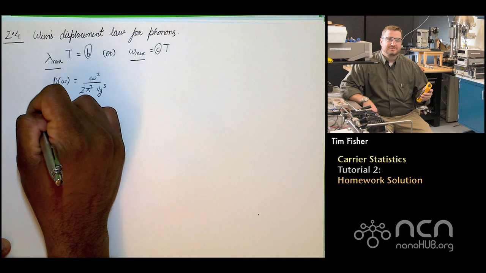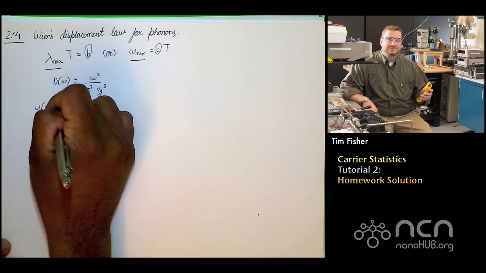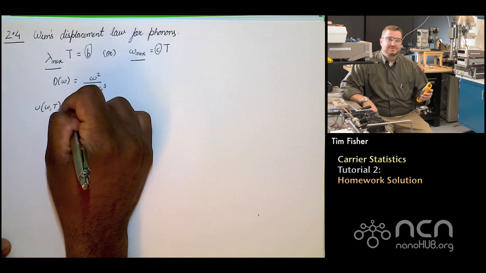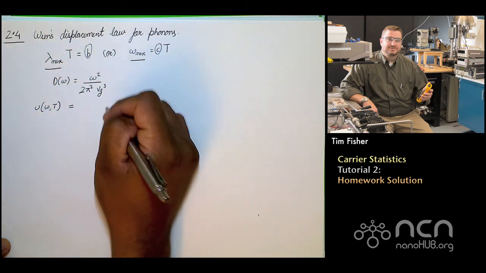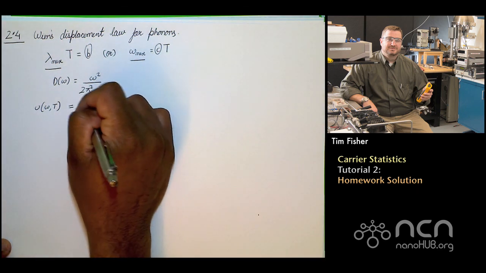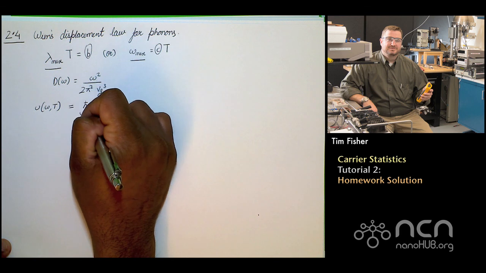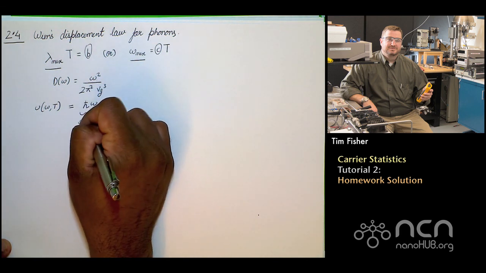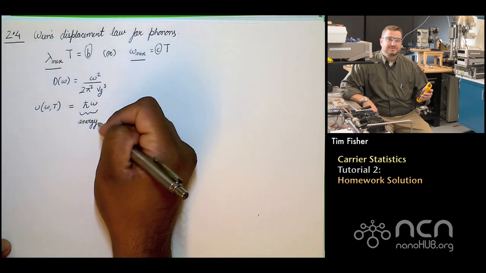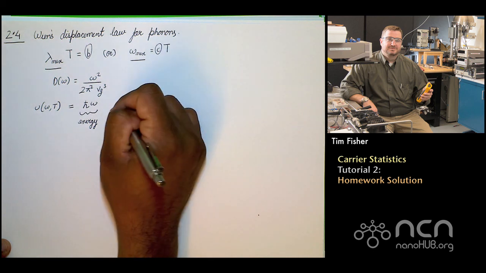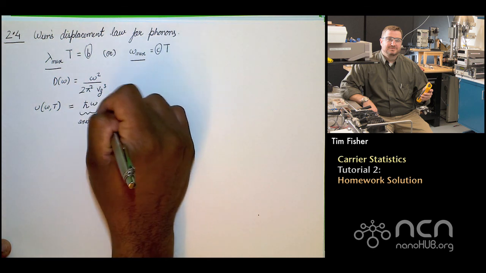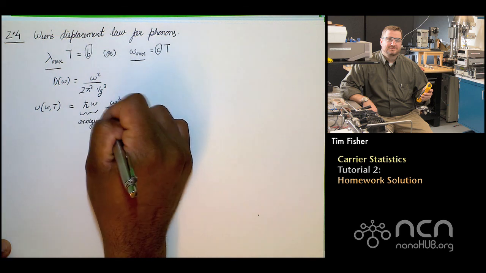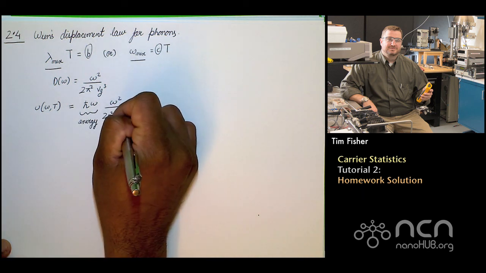So therefore, the spectral energy density, which is a function of the frequency and the temperature, can be written as a product of the energy of the oscillator, which is h bar omega. So this is the energy of the oscillator, multiplied by the density of states, which is omega square upon 2 pi square Vg cube.